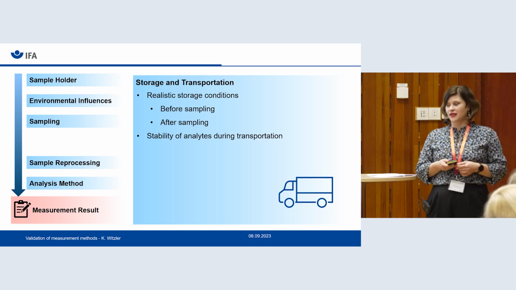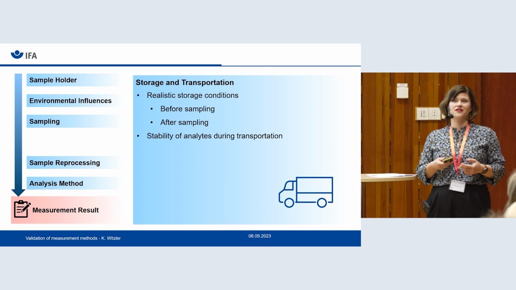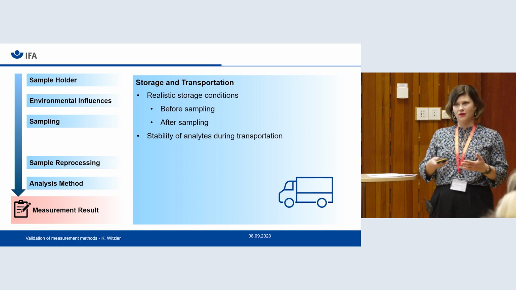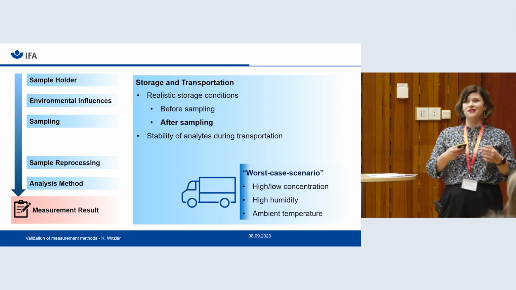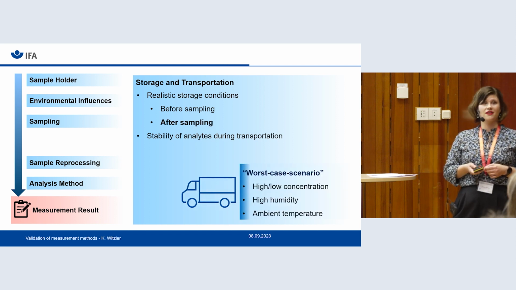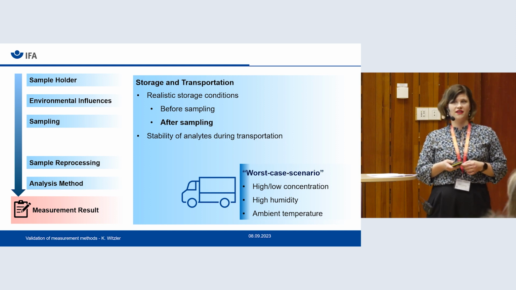And we operate under the assumption that 100% of the substance will get to the lab, only with regard to the transport. With regard to the stability, you need to conduct experiments for the stability after sampling, and you should test these at the worst case scenario.